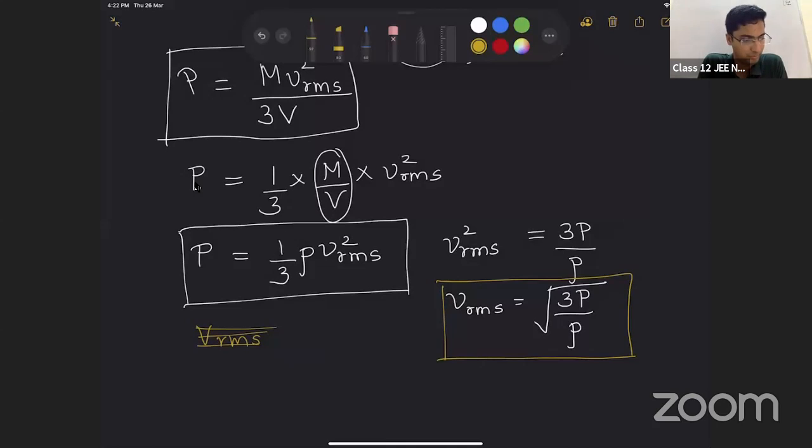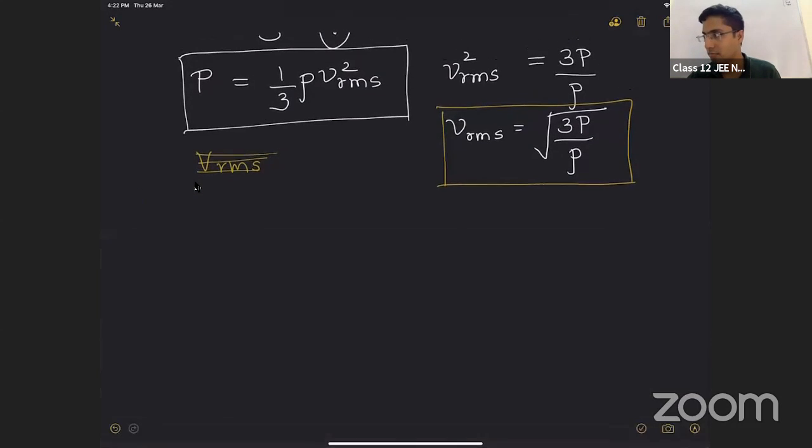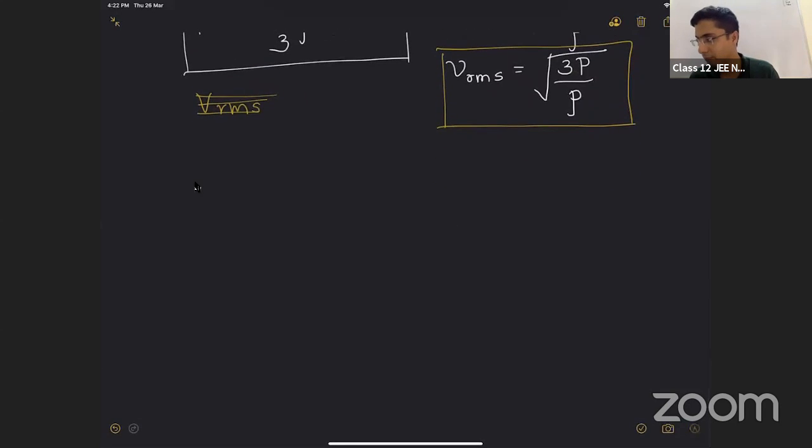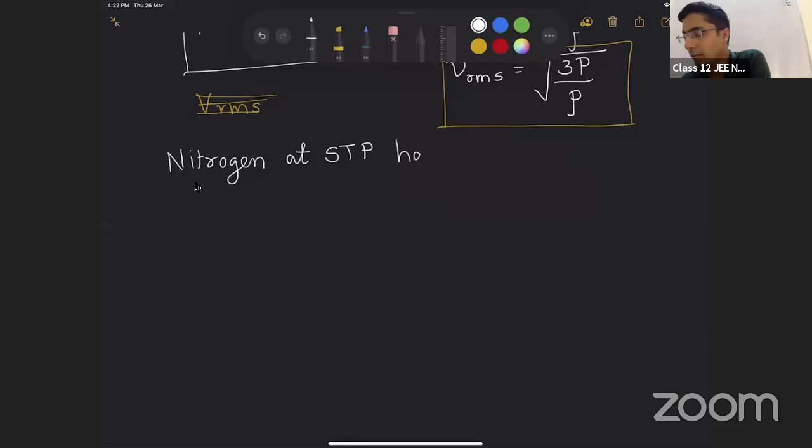Let's now do a problem based on what we studied, just based on the formula that we studied. So remember this formula. Let's assume nitrogen at STP, standard temperature and pressure, has density 1.25 kilogram per meter cube.